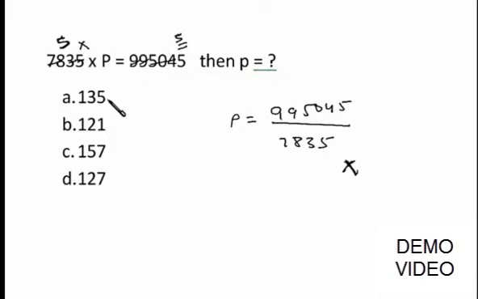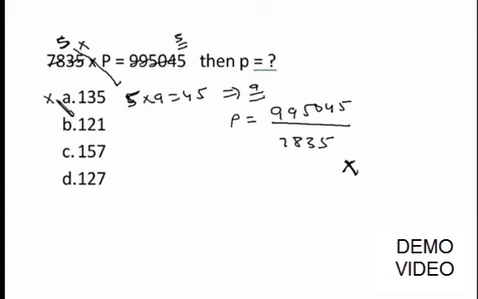So let's take up option 1. It is 135. It's eliminated because the digital sum of this is 9. So 9 into 5 will be 45. So the digital sum of the left hand side will be 4 plus 5, that is 9, and on the right hand side it is 5.